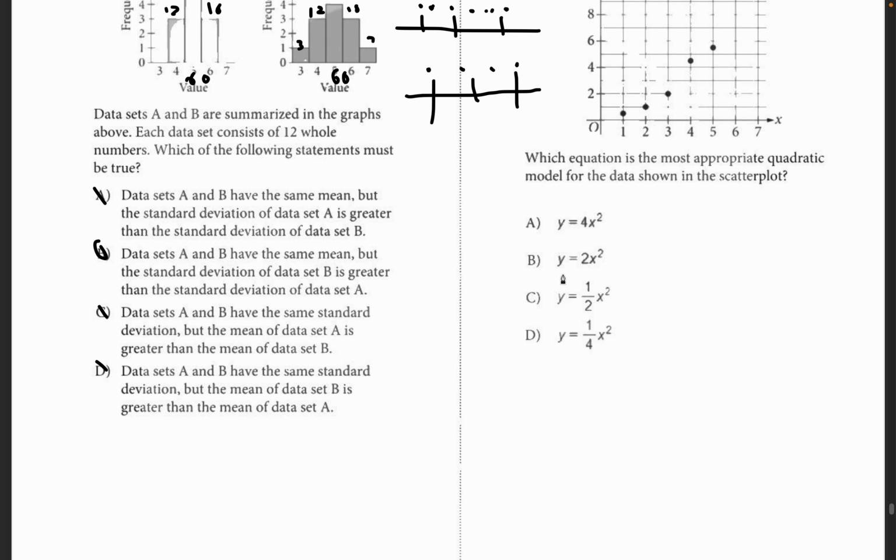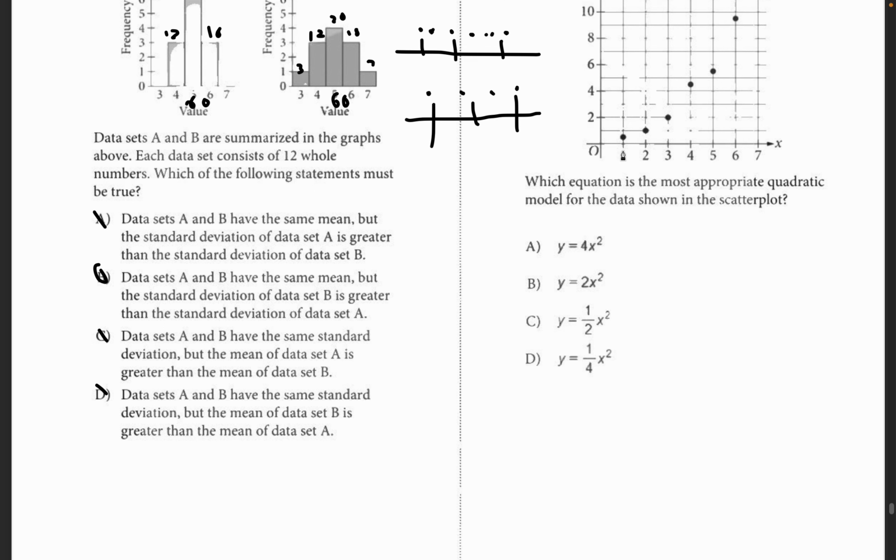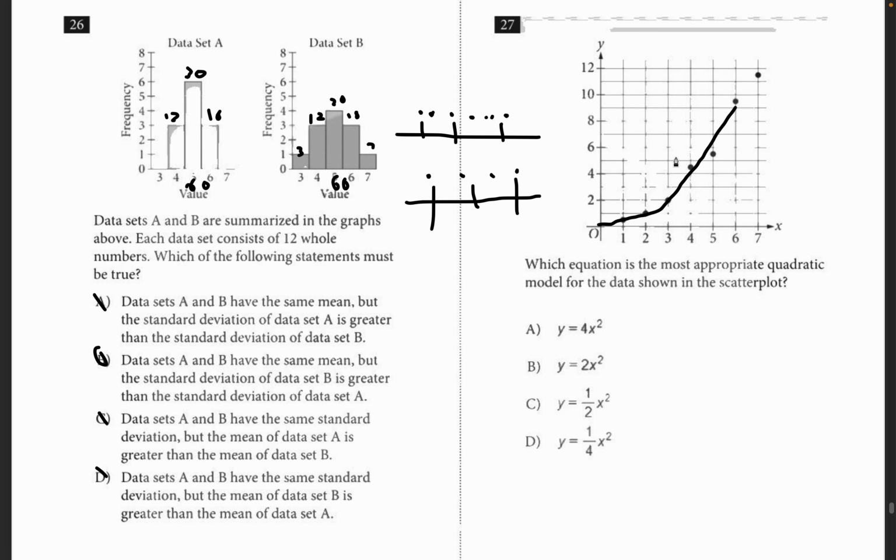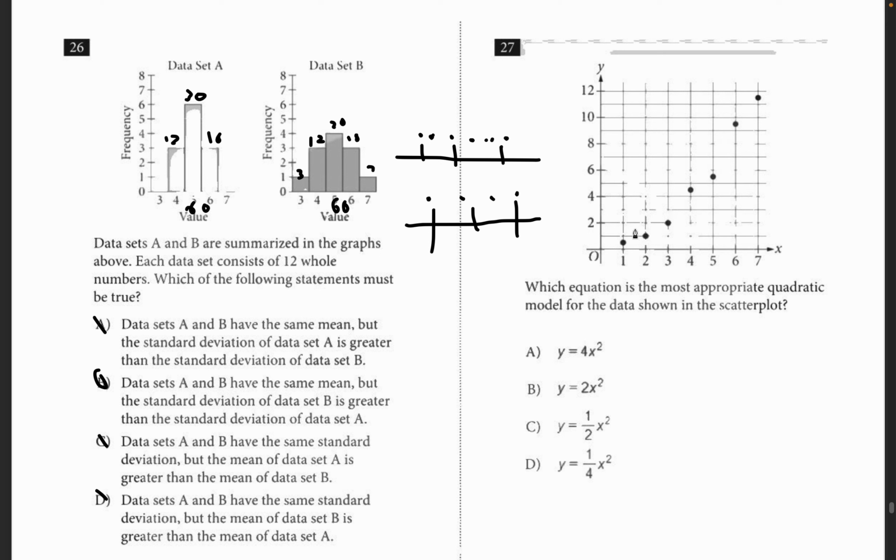Okay, 27. Which was most data shown? So it's going to be something like this, or it'll be like an exponential. Yeah. Okay, y equals. So let's find a point.